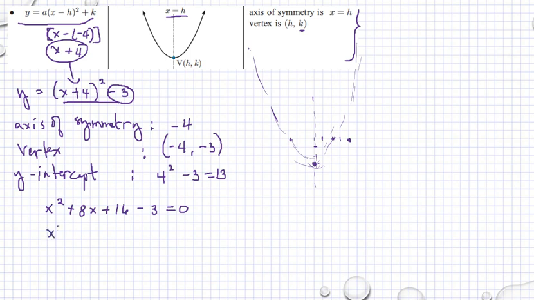And we have x squared plus 8x minus 13 is equal to 0. That you can do by either completing the squares, taking the square root of both sides of the equation, or the quadratic formula.